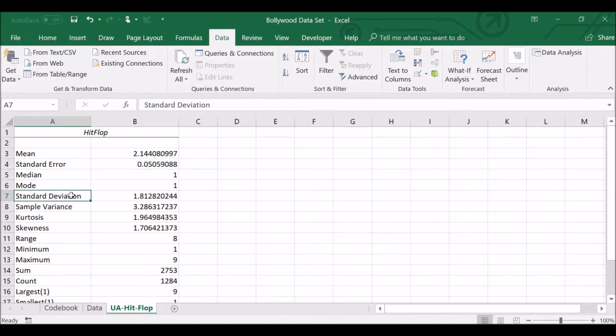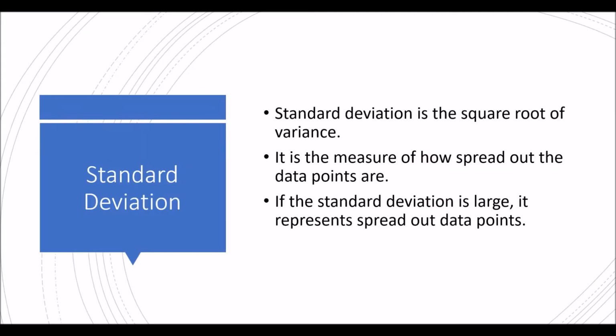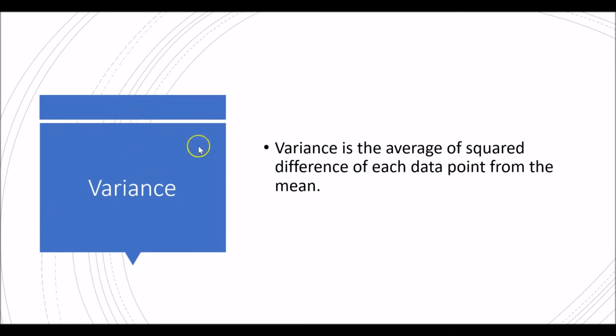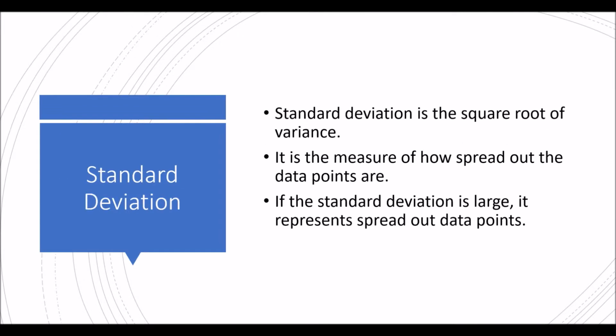Now let's look at standard deviation. Standard deviation is the square root of variance. Now what is variance first of all? Variance is the average of squared difference from each data point to the mean. So we take the square of the difference of the mean and each data point and then average it out. The standard deviation is the square root of the variance.